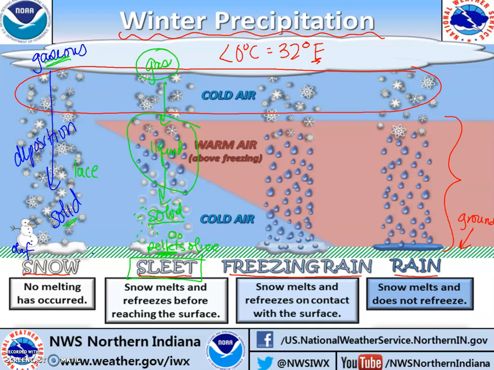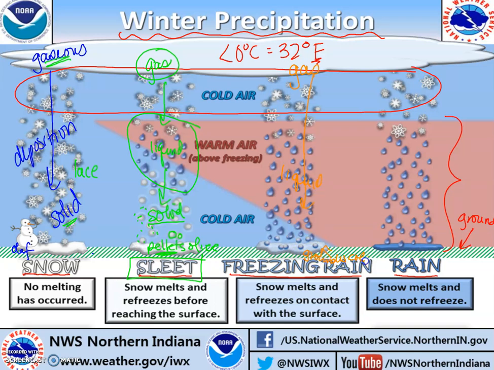So then what is the difference between freezing rain and sleet and snow? We end up having our gaseous vapor up here. The air is really, really warm, so we end up seeing it be a liquid, and then the ground is cold.